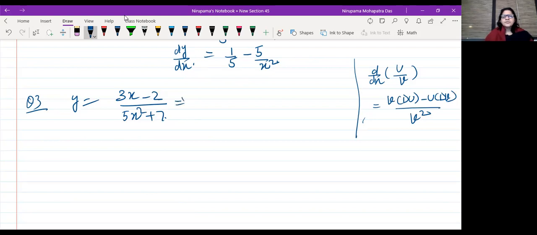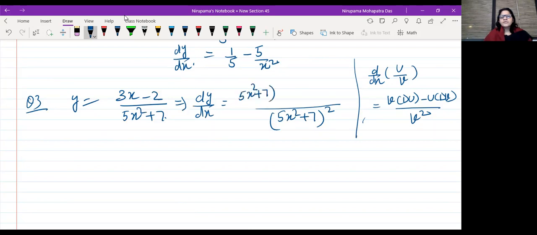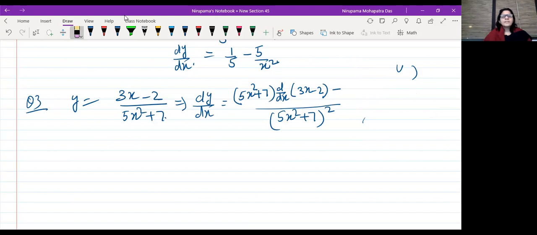This implies dy by dx equals v square, meaning 5x square plus 7 whole square in the denominator, and in the numerator 5x square plus 7 into d by dx of 3x minus 2, minus 3x minus 2 into d by dx of 5x square plus 7.